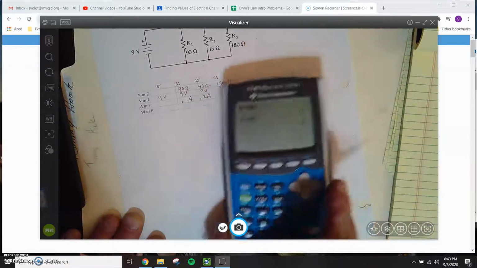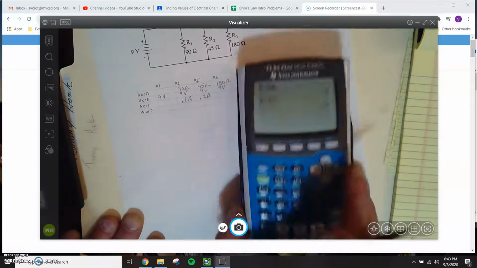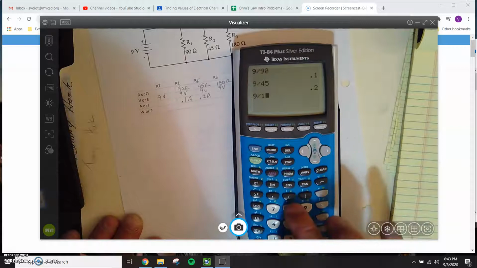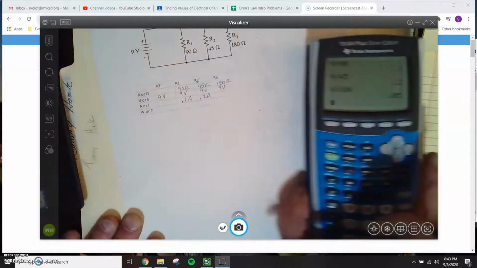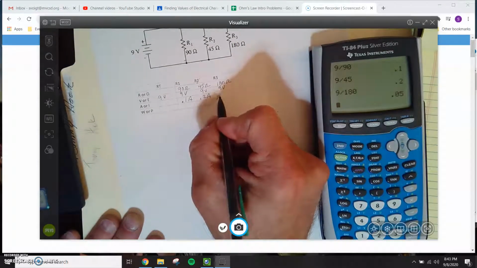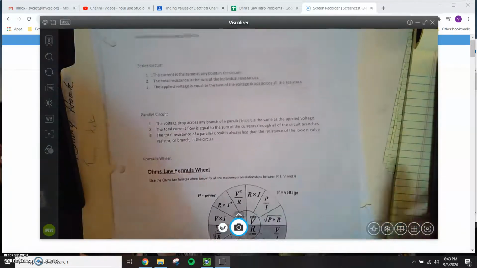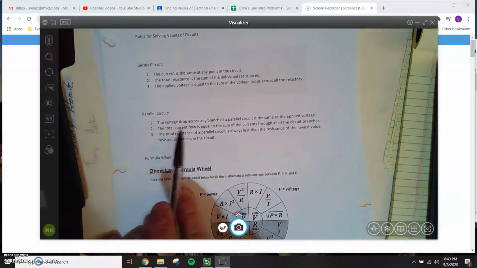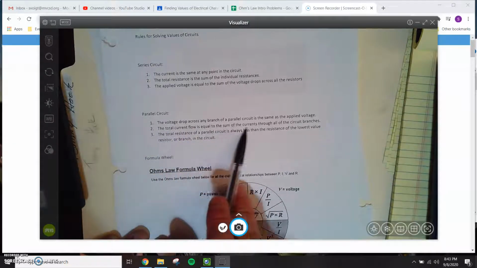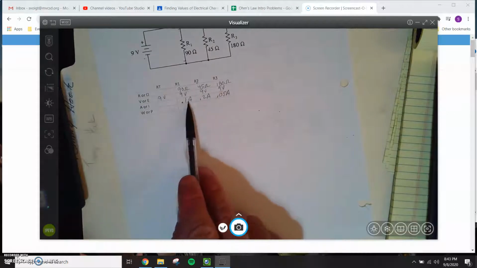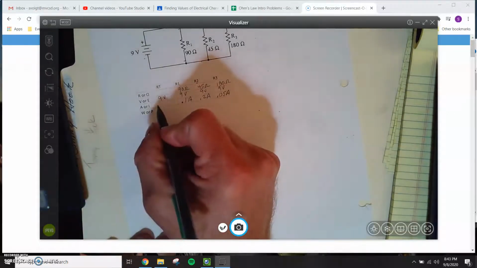And 180 is double that, so 9 divided by 180, 0.05 amps. Now, let's look at our rule again just to double check. The total current is equal to the sum of the currents through all the branches. We just add these together, 0.35.